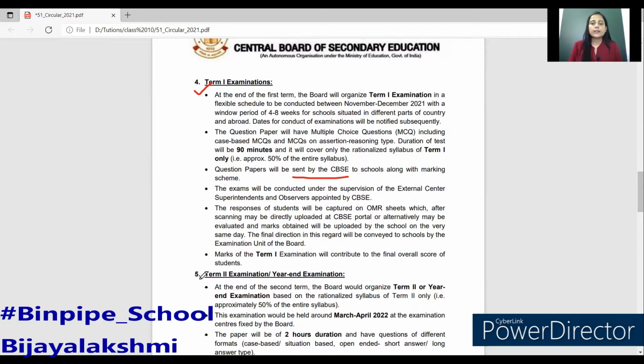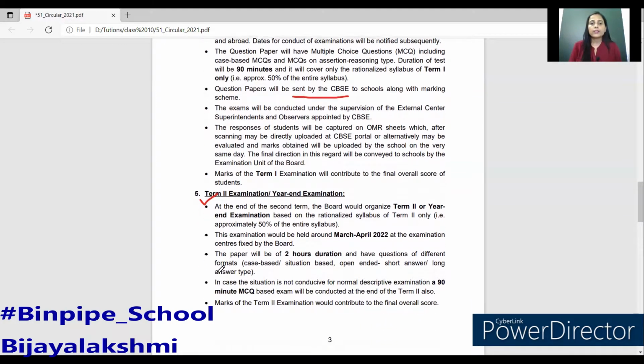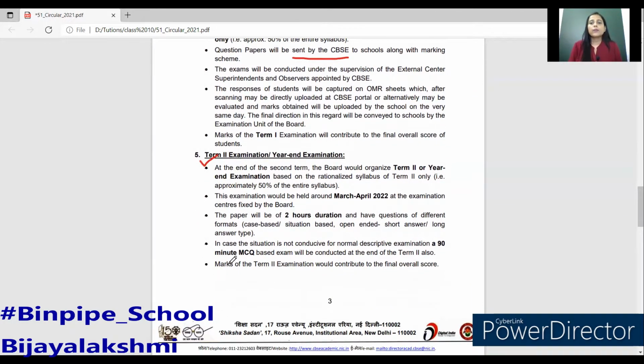Now in the second term, that means the year-end exam, like we have the annual exam. In the second term, there will be a year-end exam, that is also 50% of the rest of the entire syllabus, and it will be around March and April 2021.